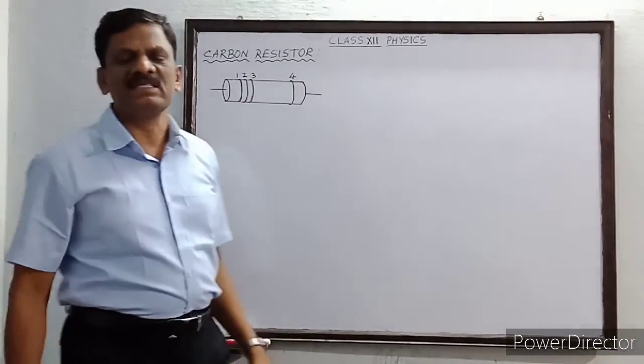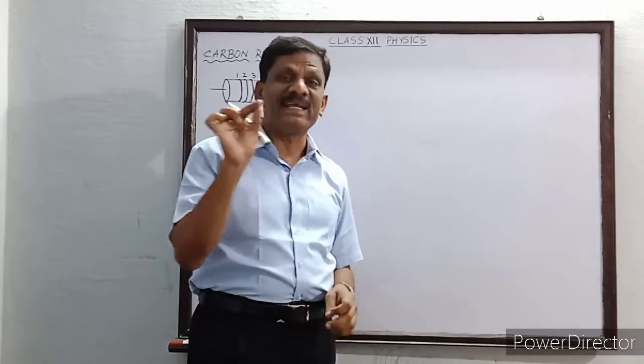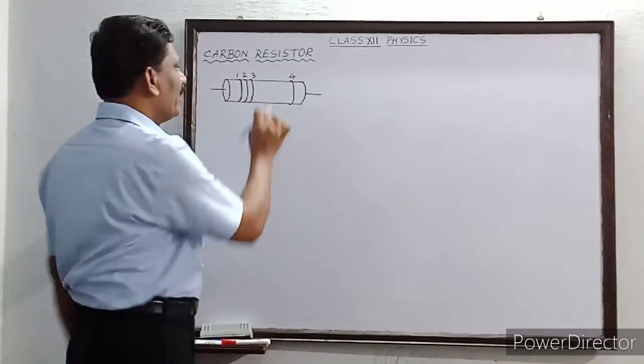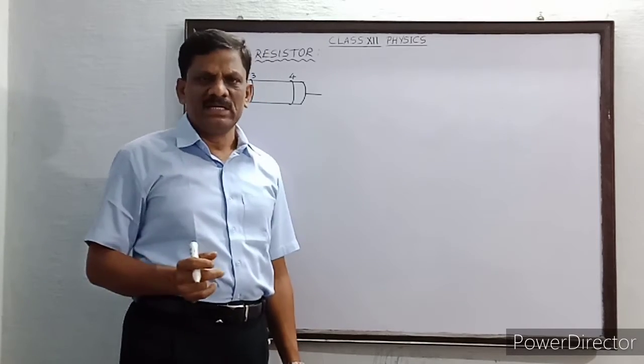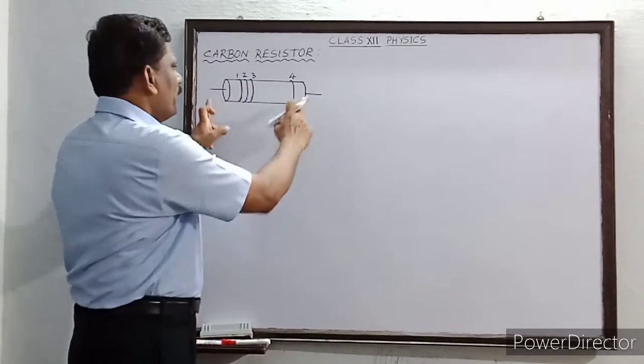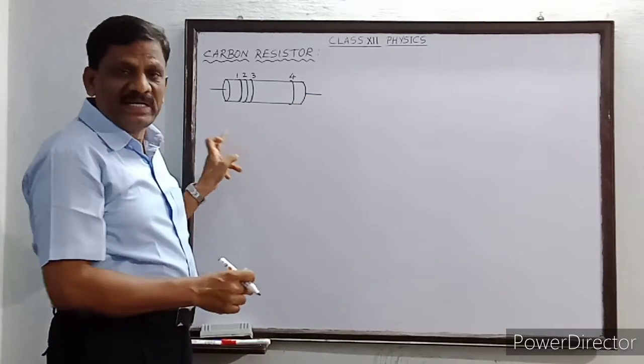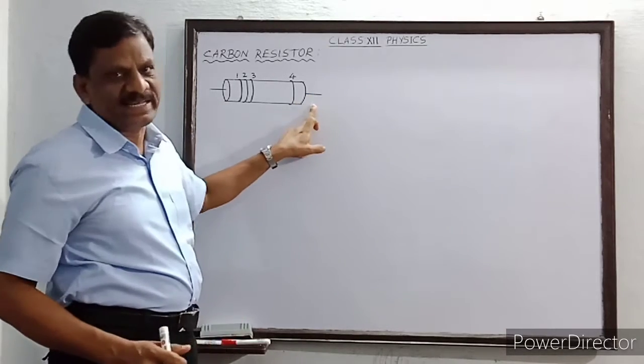These carbon resistors are made up of some ceramic core. Inside there will be a ceramic material over which carbon material is coated, and there will be two metal leads, metal terminals for electrical connection.